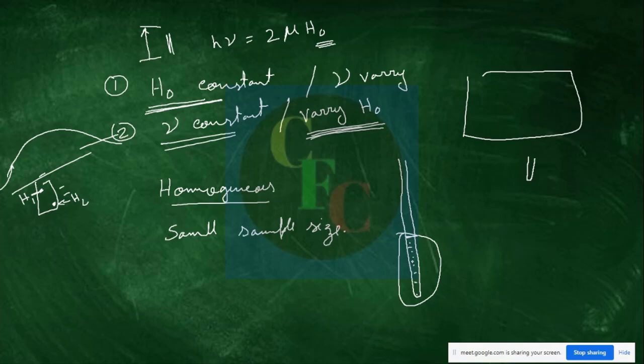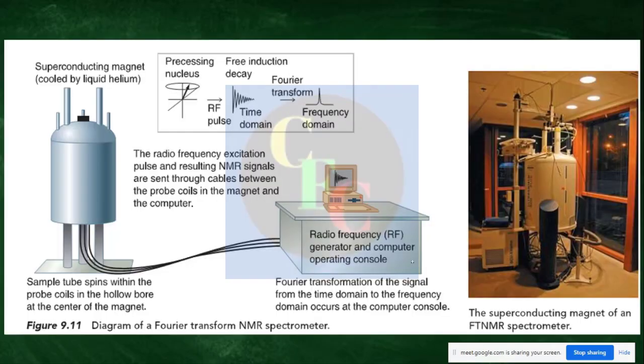Before going into details, here is the actual picture of this NMR machine. On the left is a schematic diagram of FT, Fourier transform NMR, right? This is the machine shown here. If a man stands here, he will not be able to put the sample tube here.